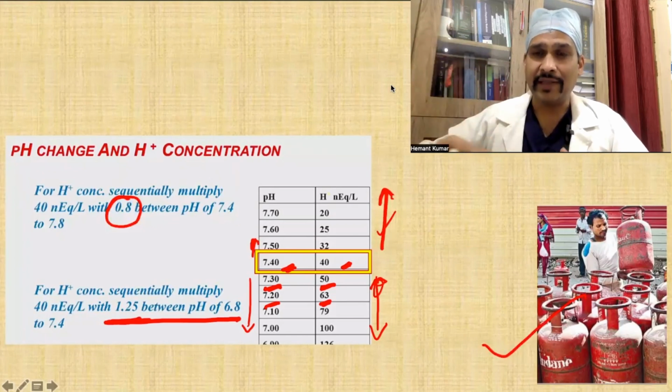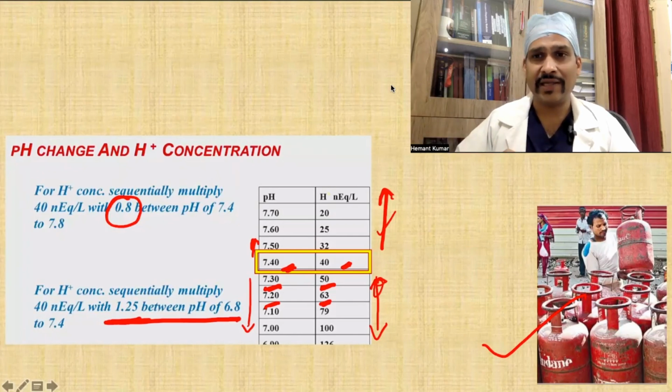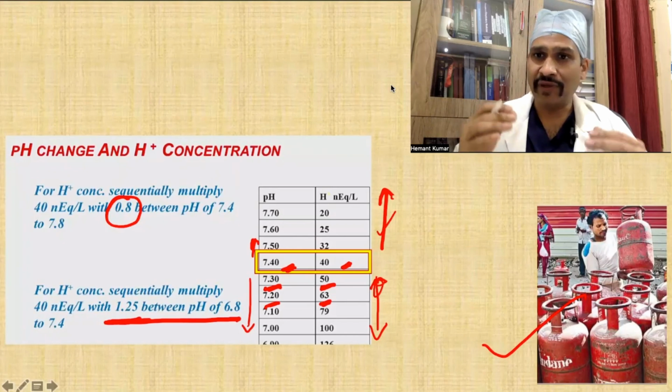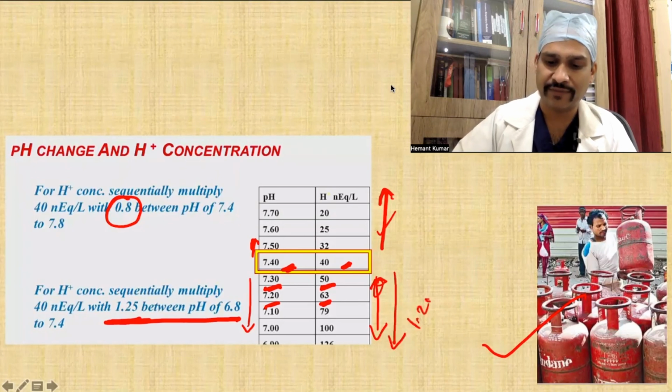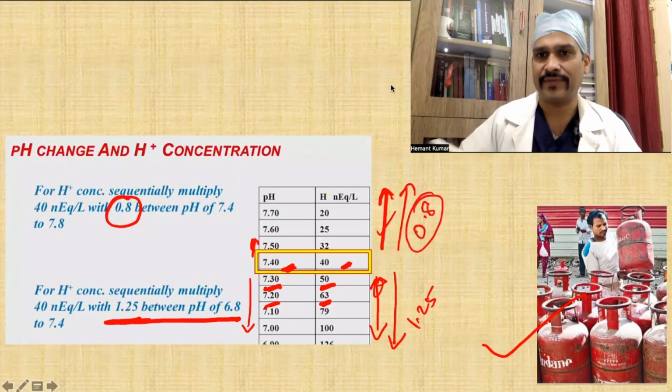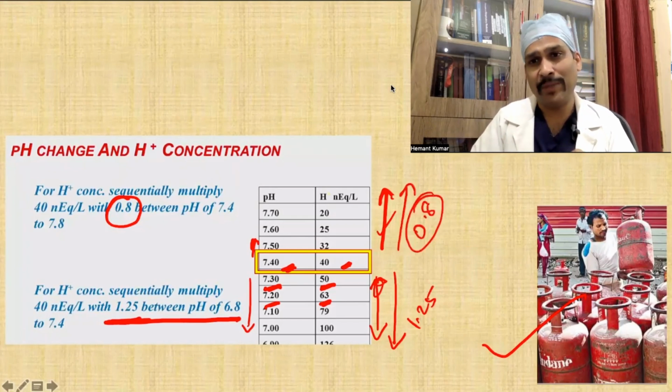But when the government decreases the price, it decreases very little. So H+ concentration increases fast, 1.25 times, but decreases slowly, 0.8 times. So this table you have to remember.